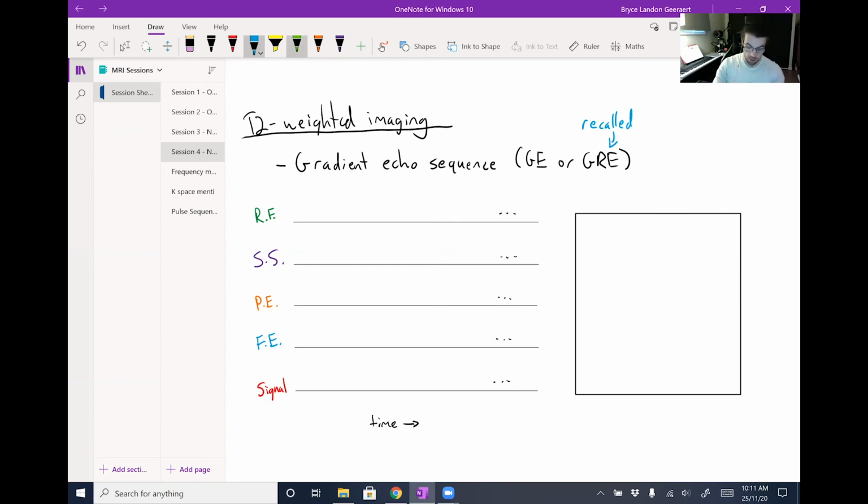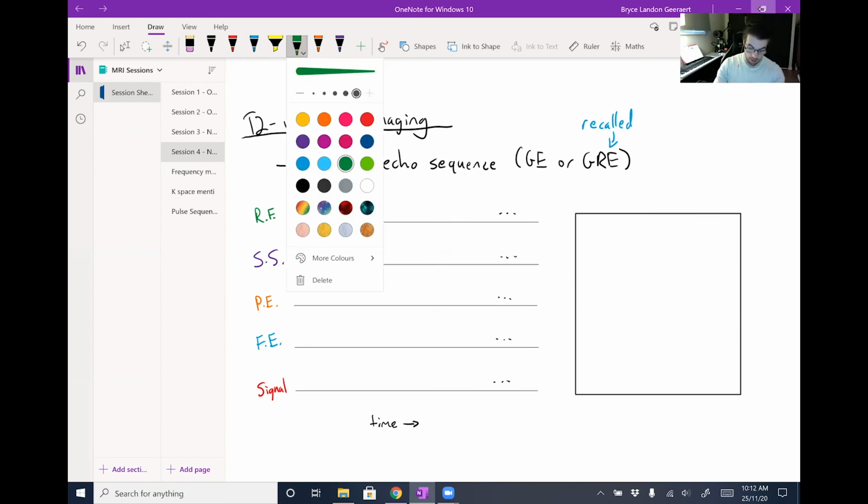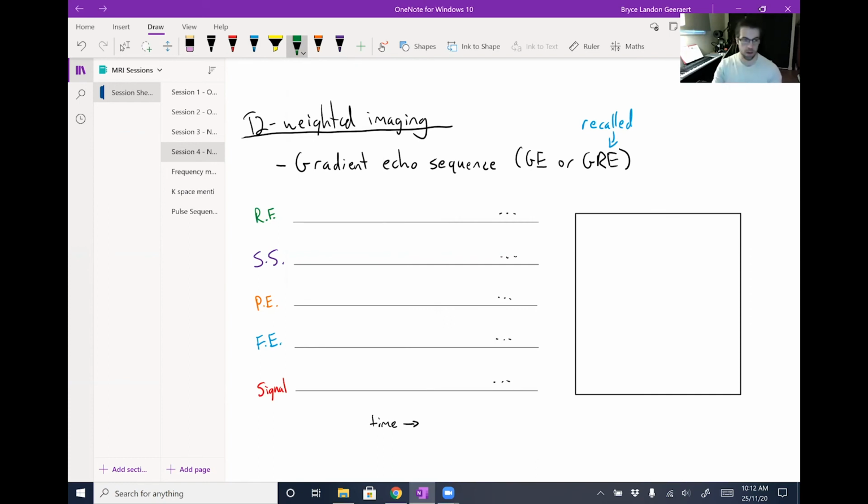So the first thing that we do in this kind of sequence is we have our 90-degree RF pulse. And hopefully you remember, when we're doing this RF pulse, we want to only affect one slice of tissue, generally a millimeter or a couple millimeters thick.